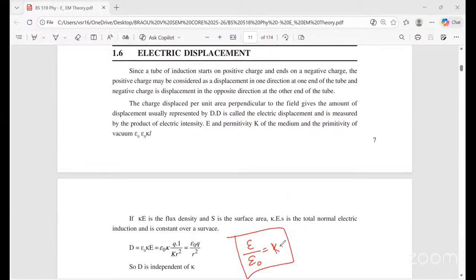Dielectric constant. Epsilon may be K epsilon naught.